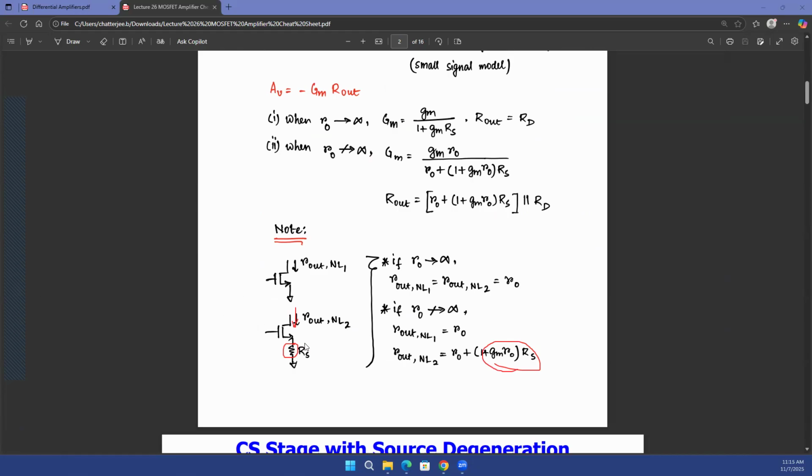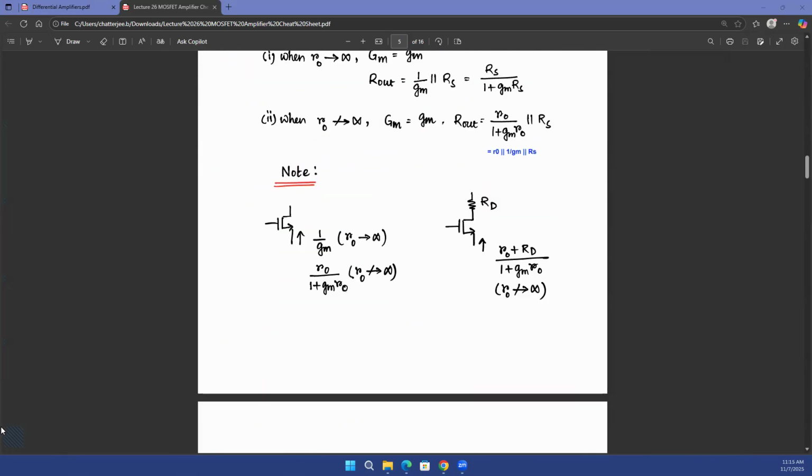On the other hand, if you're looking from the source, and there is a resistor connected at the drain, then it's as if you're dividing the effect of that RD resistance by 1 plus gmRO, which is the intrinsic gain of the transistor. Right? So it's basically, in one case, you're multiplying whatever resistance.